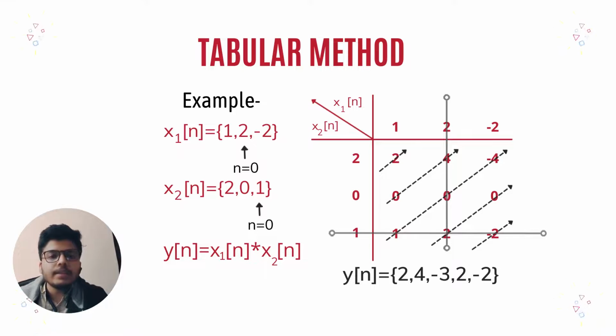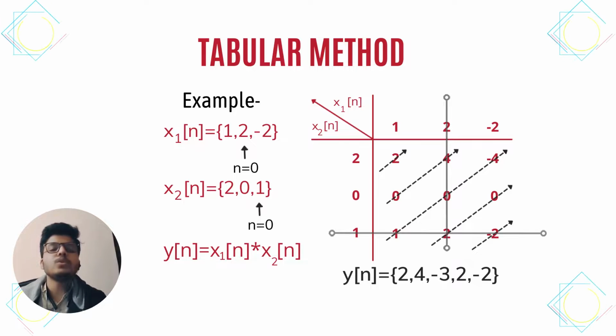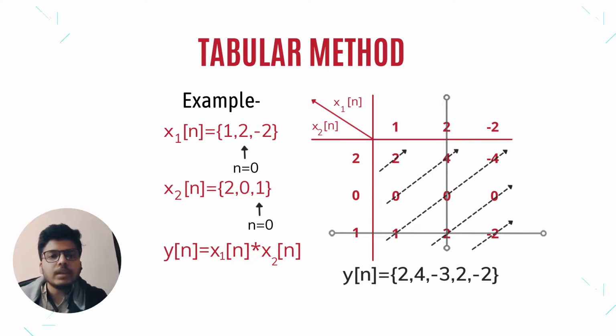Similarly in this diagonal we have 3 values, so we add all of them. 1 plus 0 plus minus 4 is equal to minus 3, so I have written minus 3 here. And in this diagonal we have 2 and 0, so 2 plus 0 results in 2, and we are left with the minus 2 in the last, so we have simply written minus 2 here. So this is the output signal that we have got.